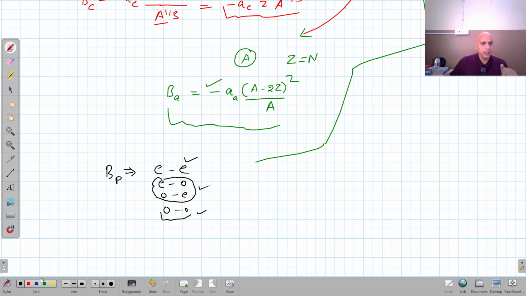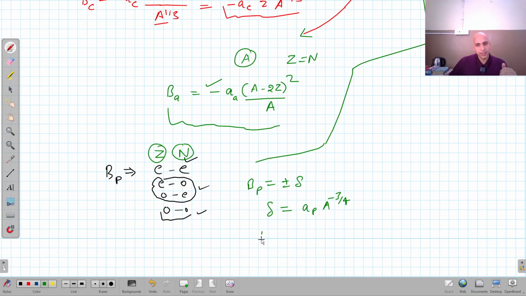What does it mean? Even-even means an even number of protons and an even number of neutrons. This is the meaning of it. So we can frame a term according to this. That term I can write: B pairing will be equal to plus or minus delta, where delta is equal to a_pairing times A to the power minus 3/4.